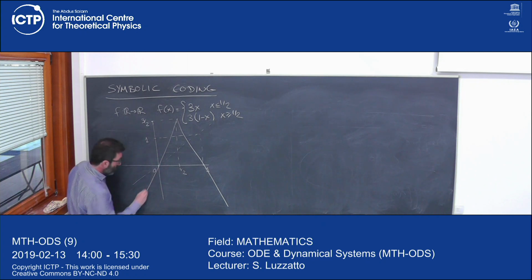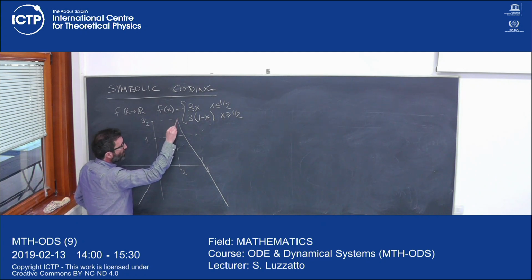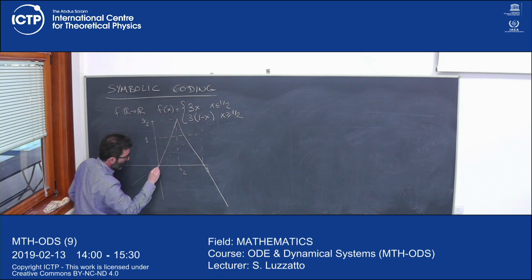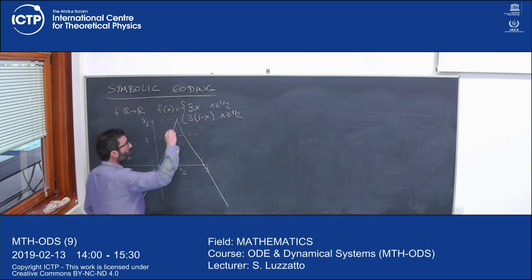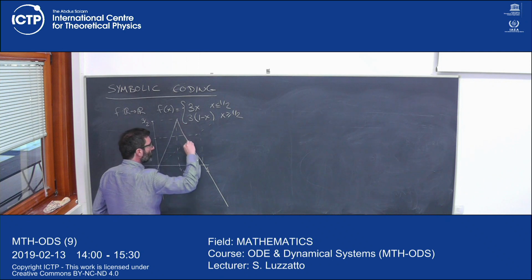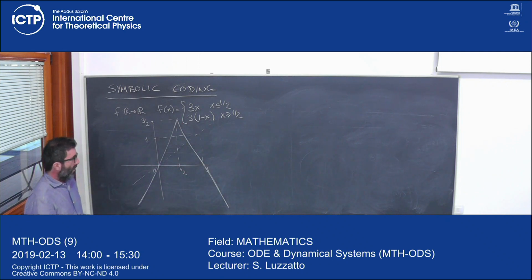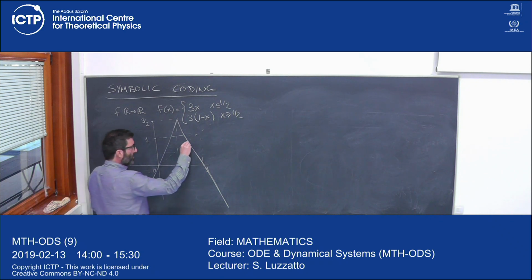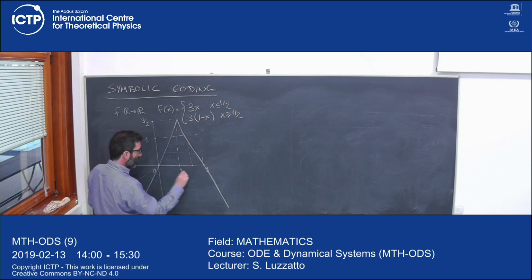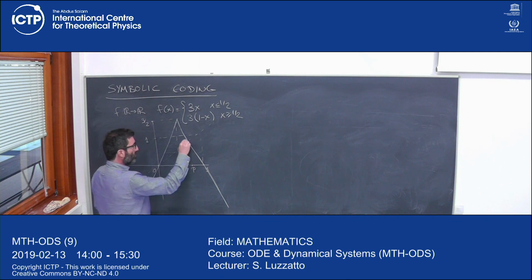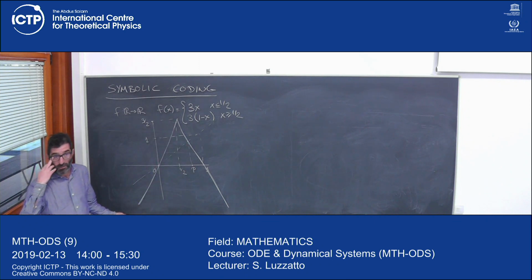So two fixed points, 0 and some fixed point P, which is where the graph intersects the diagonal. Okay, that's easy.